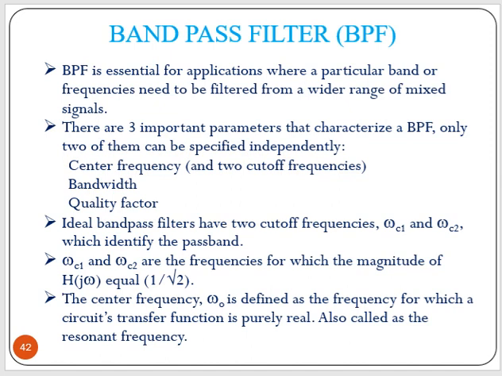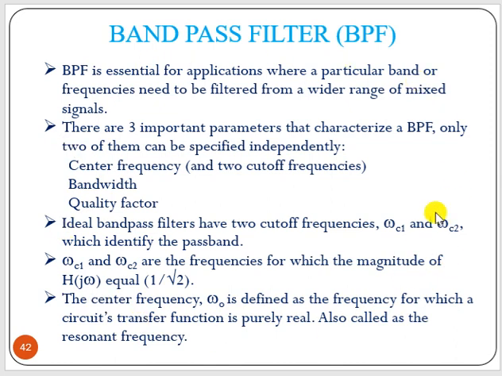Now ideal bandpass filters have two cutoff frequencies, omega C1 and omega C2, which identify the pass band. Omega C1 and omega C2 are the frequencies for which the magnitude of the transfer function equals 1 by root 2. Same concept we are using again. The center frequency is defined as the frequency for which a circuit's transfer function is purely real, also called the resonant frequency.